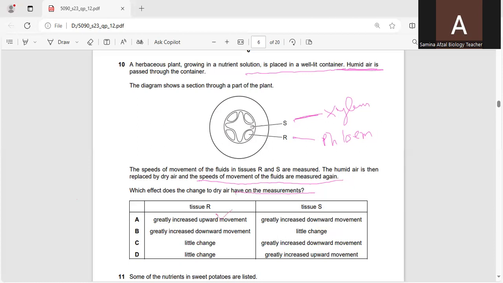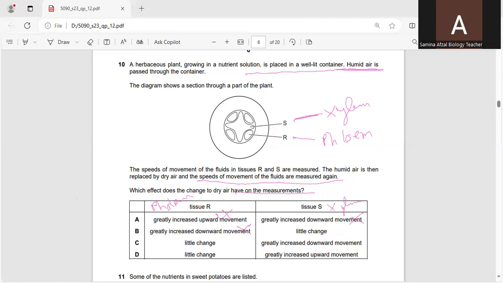No, it is tissue R. Tissue R means phloem. We are going to write over here phloem, and this is xylem. No effect of air, because food will be transported only inside the plant parts. Greatly increased downward movement? No. Greatly increased downward movement? No.